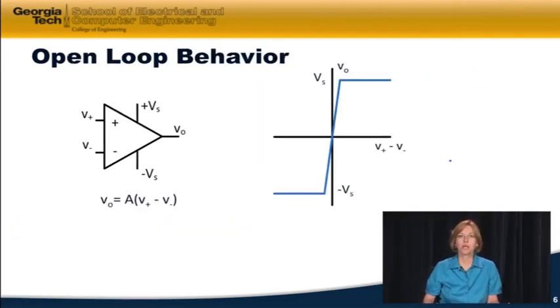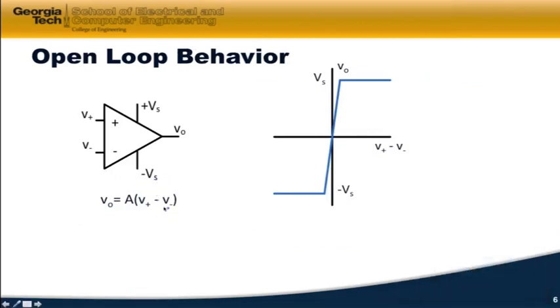Let's first examine open loop behavior of this. So I've got my op-amp here, and I'm going to have a value A, which is a scalar of V plus minus V minus. The difference, in other words, between these two input terminals. So this A is actually the slope.